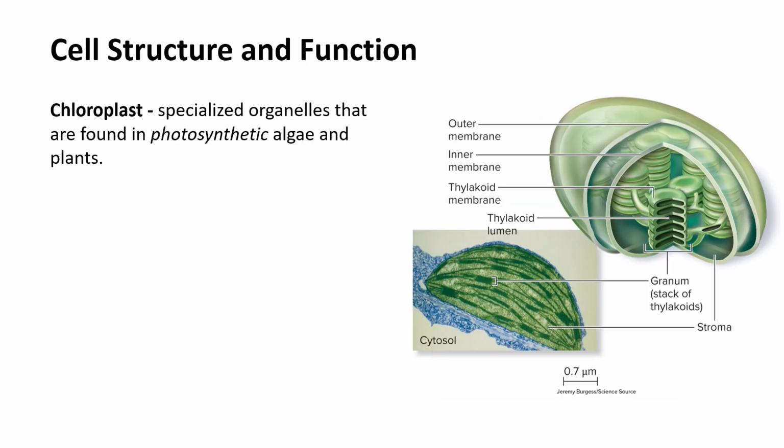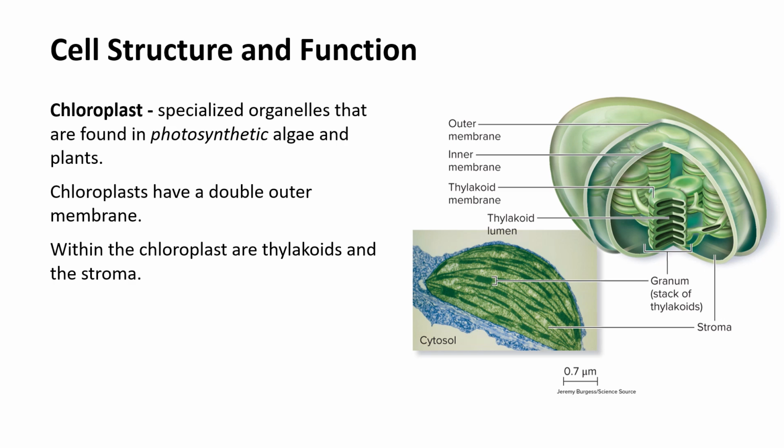Now, another very specialized organelle is the chloroplast, but you won't find this in animal cells. This is exclusive to photosynthetic cells, specifically plant cells and algae. Now, you'll notice, like the mitochondrion, it has a double outer membrane. Inside the chloroplast, there are some really cool structures that are important: the thylakoids and the stroma.